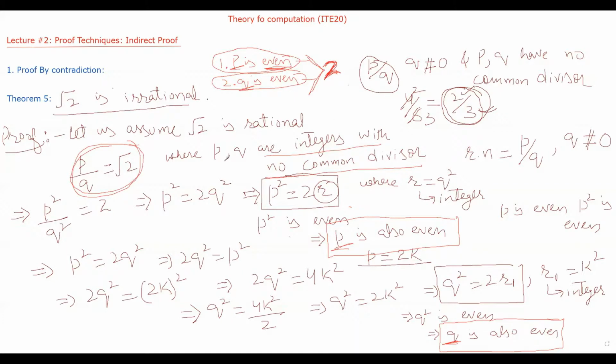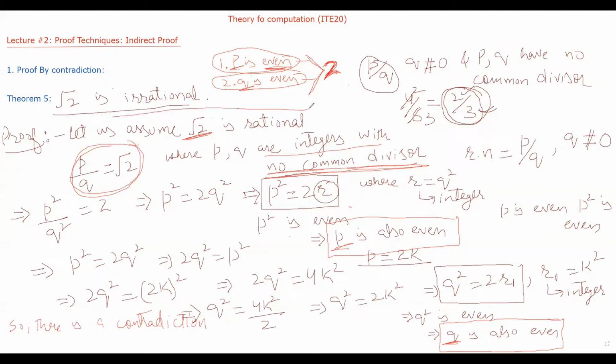So there is a contradiction. And what is the contradiction? We are reaching the conclusion that they both are even, so they will have a common divisor. But we are assuming that under root 2 is rational, which means they won't have any common divisor. So there is a contradiction.